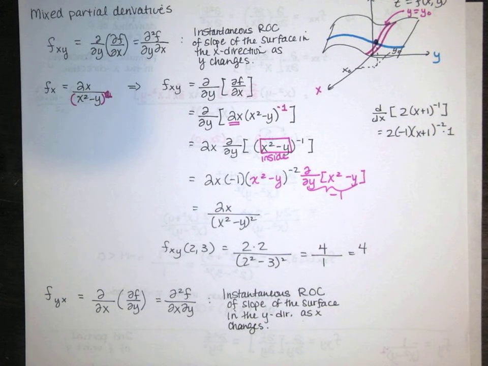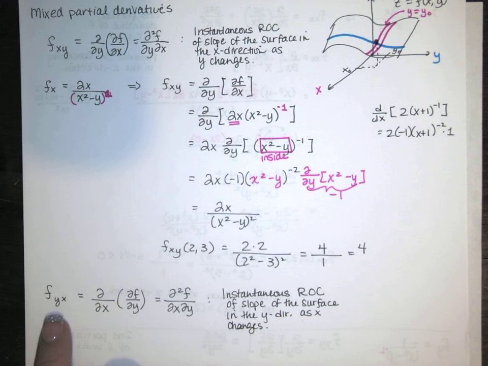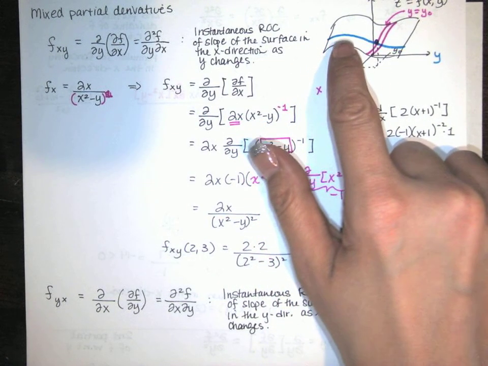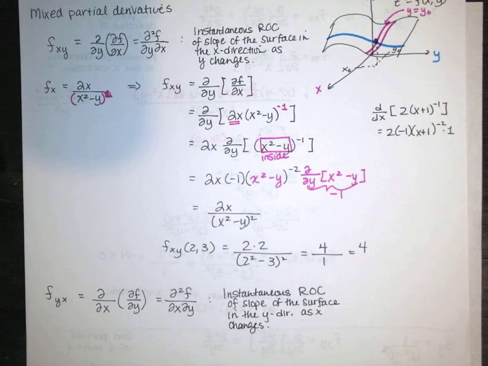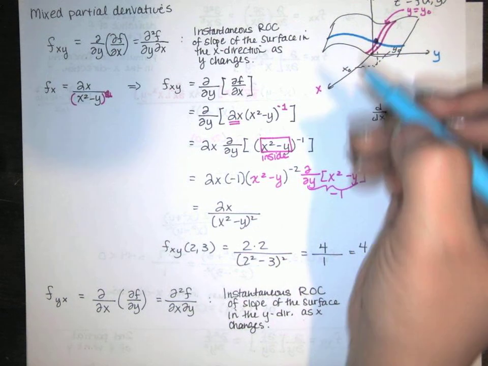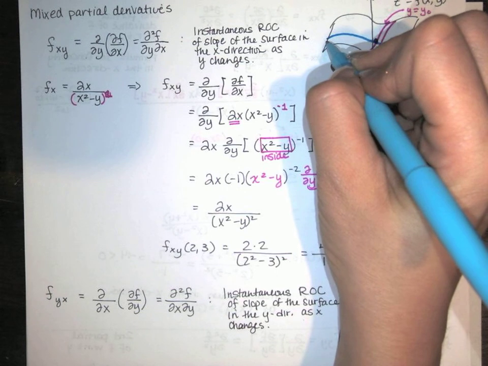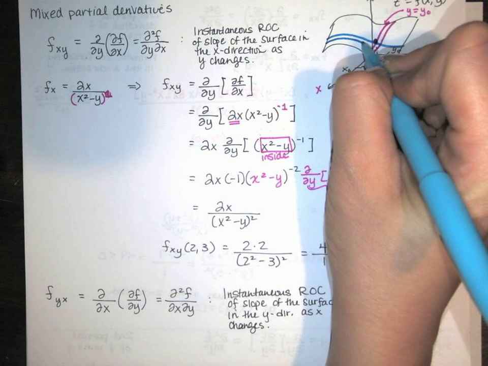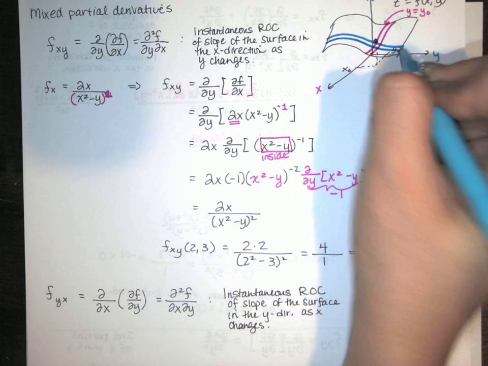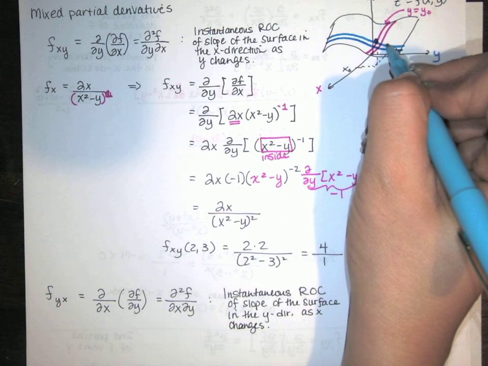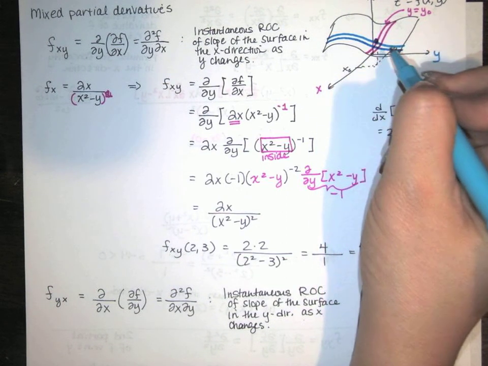Now, when I'm talking about this one, it's the slope of the surface in the y direction. So to find the slope in the y direction, I had to let x equal a constant. It gave me that blue line. And I found the slope here. Then we're saying to ourselves, okay, let x increase by a little bit. I find the slope here in the y direction, and then I find the slope here in the y direction.